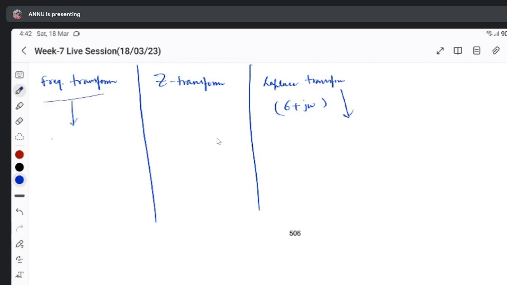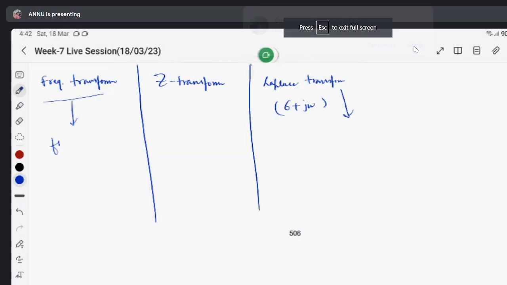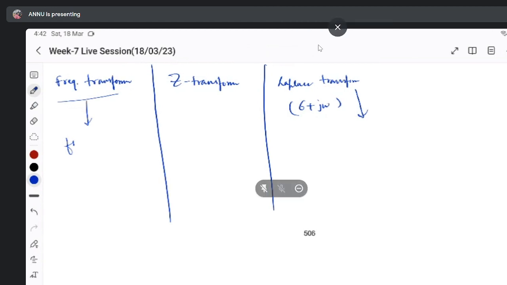Because how I visualize this, S is sigma plus j omega, and e to the power of minus st. So what the Laplace transform does is it makes the signal decay or converge, forcing it down so that we can have a transform. Any signal can be subjected to the Laplace transform. And when sigma is equal to 0, then it becomes a Fourier transform.